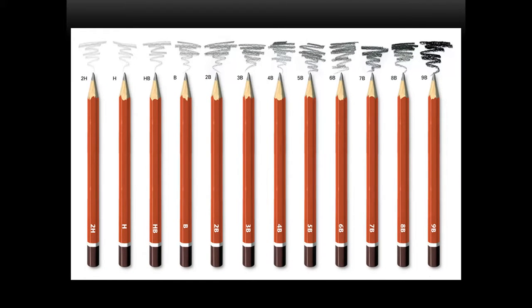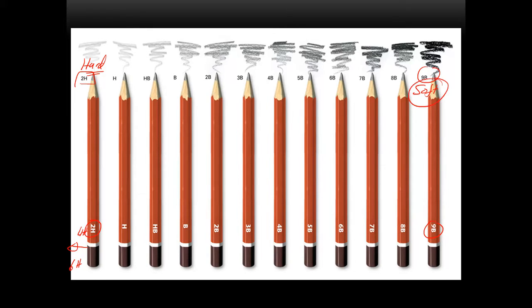First is, of course, pencils. Now, pencils have names, and they go by H and B. Now, this is not a complete list, and this keeps going this way to 4H, for example, and then there will be 6H, and then there will be 8H, etc. So H is hard pencils, and these are soft pencils.